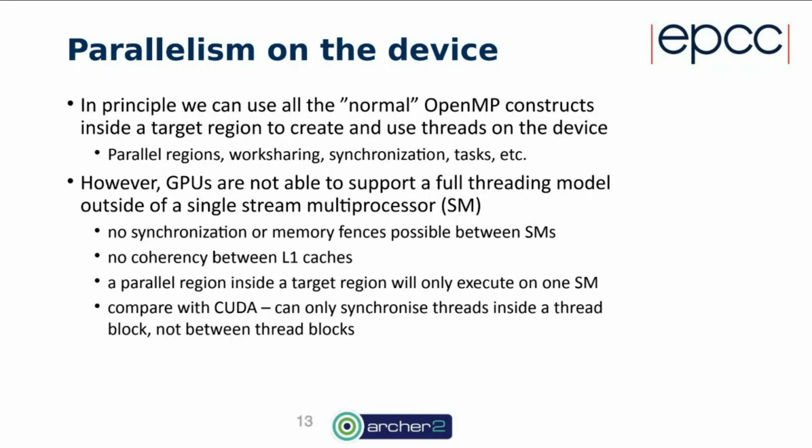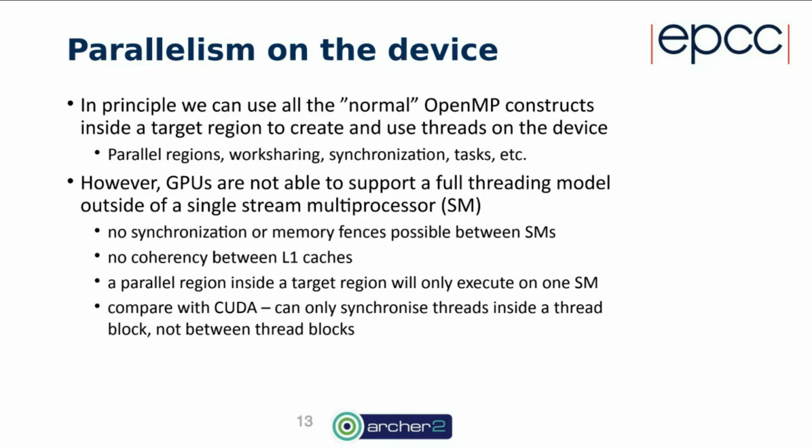They're not able to support a full threading model outside of a single streaming multiprocessor. Most GPUs have this architecture where you have multiple streaming multiprocessors on the GPU, and each one runs a bunch of threads in a SIMD-like, semi-synchronized fashion inside the streaming multiprocessor.